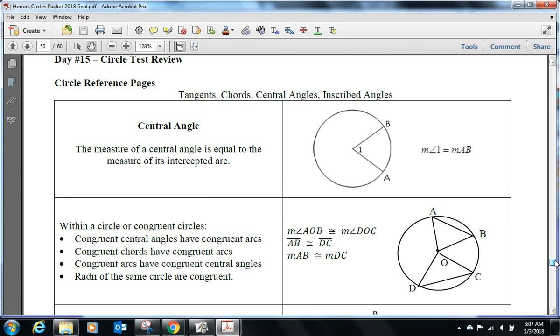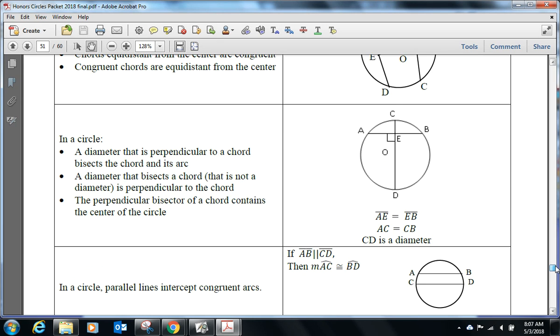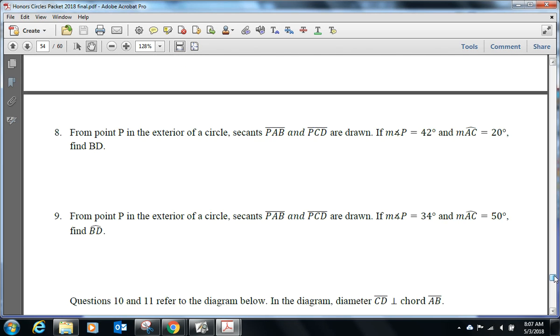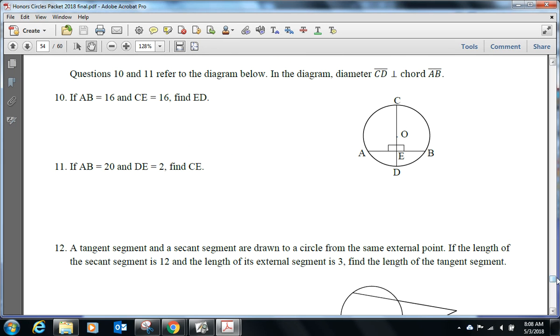If you guys need them all in one spot, 50 and 51 are all the different theorems that we've gone over. It doesn't look like I have a chord one on here. Actually, AB is 6. Yeah, we can. Here you go, right here. Let's go to 10. 10 and 11.